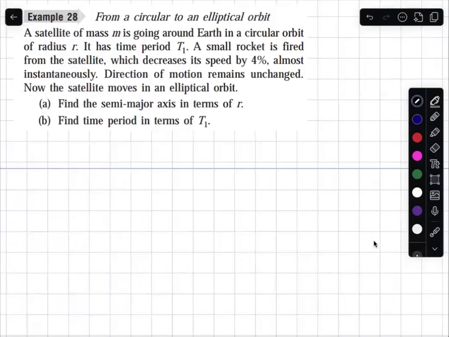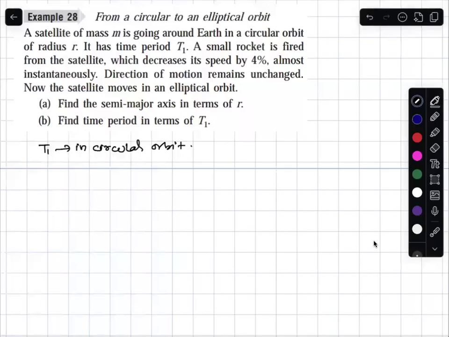See, a satellite of mass m is going around Earth in a circular orbit of radius R. It has time period T1. T1 is the time period in the circular orbit. A small rocket is fired from the satellite, which decreases its speed by 4%.